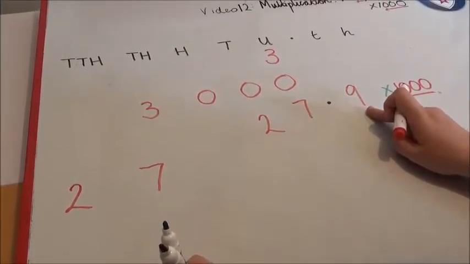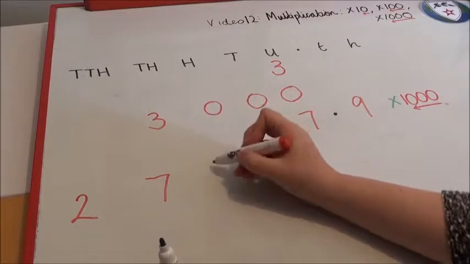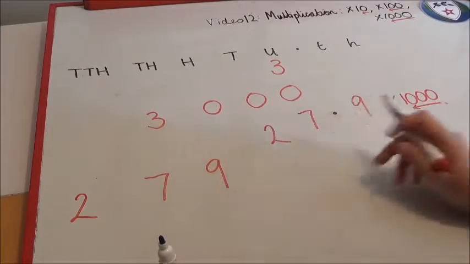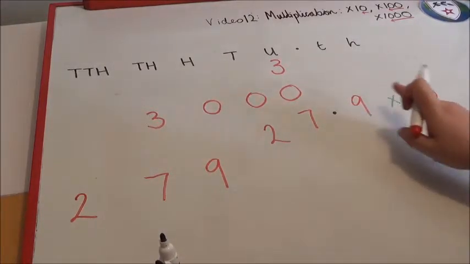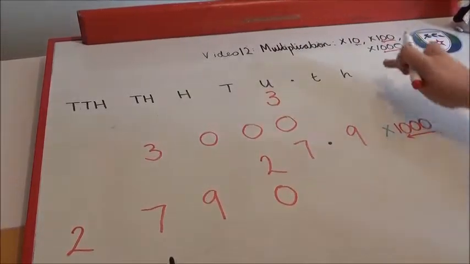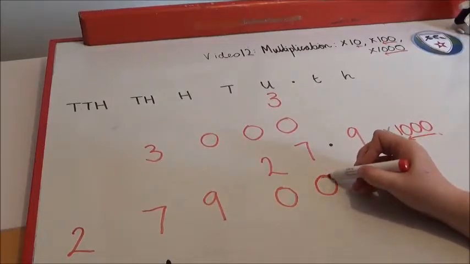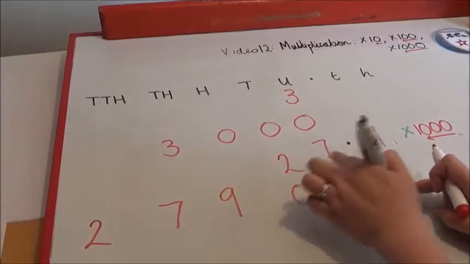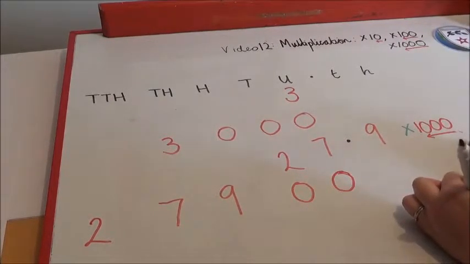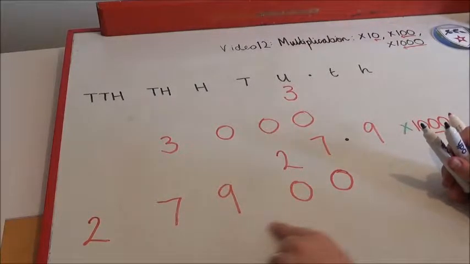The 9 tenths, not into the units, not into the tens, but into our hundreds. We don't have any hundredths, so we'll put a 0 in the tens, and we don't have any thousandths, so we're going to put a 0 in our units. So 27.9 times by 1,000 is the same as 27,900.